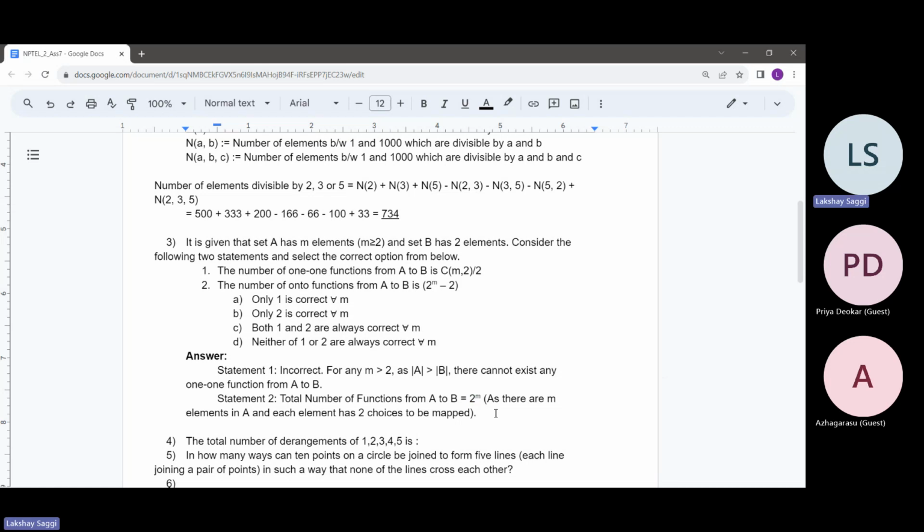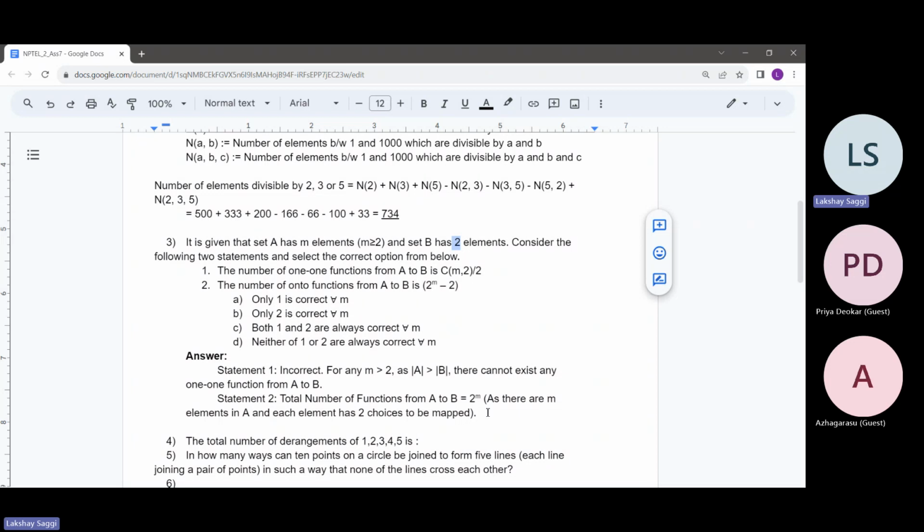What I'm claiming is there are only two functions out of these which will not be onto. Because for ontoness, both the elements of set B should be mapped by some element of set A. Only then is it an onto function.